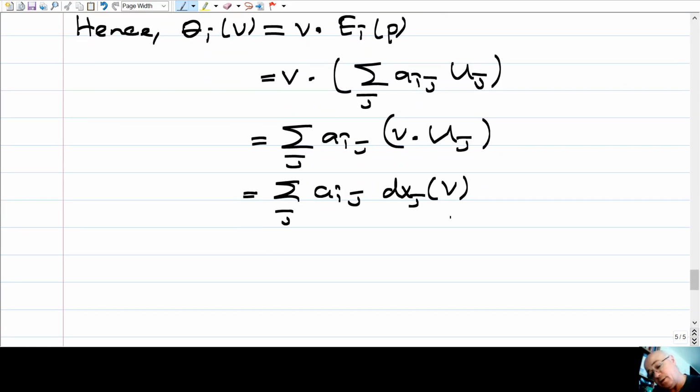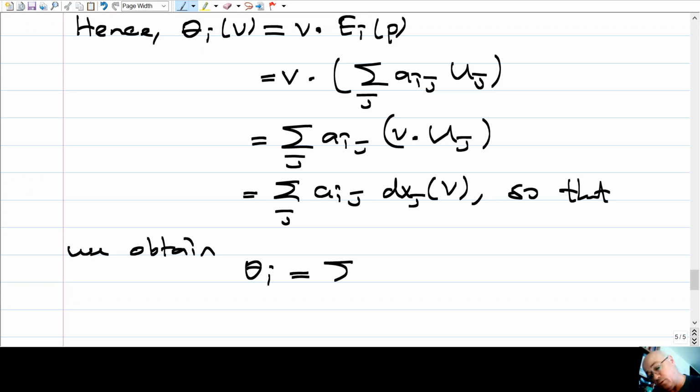Therefore, hence, so that we obtain the following. We obtain theta i is equal to aij dxj.